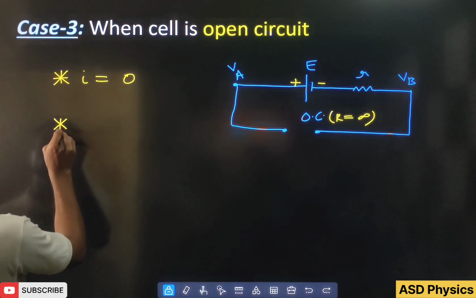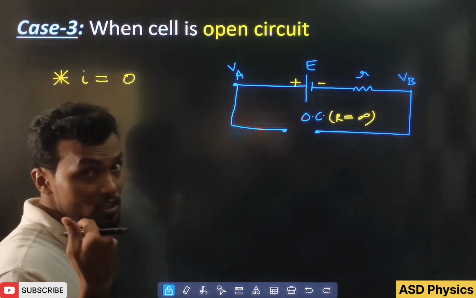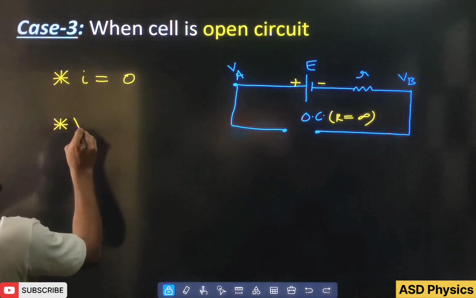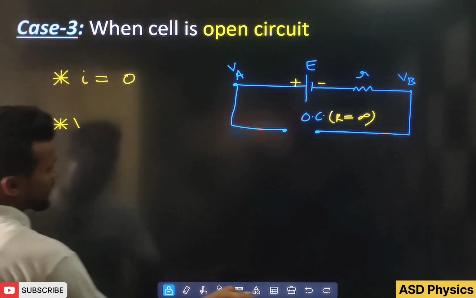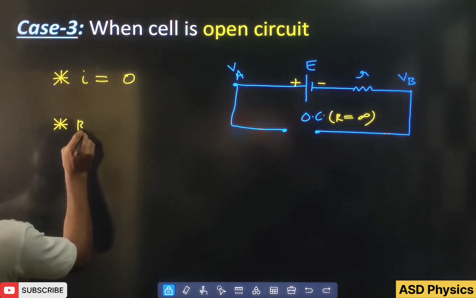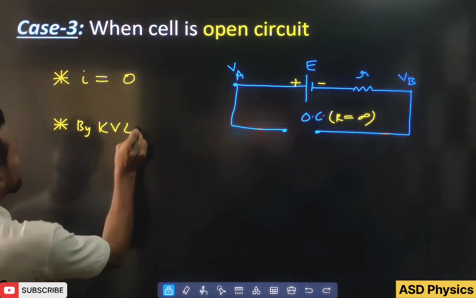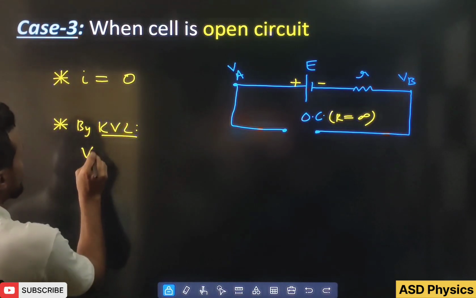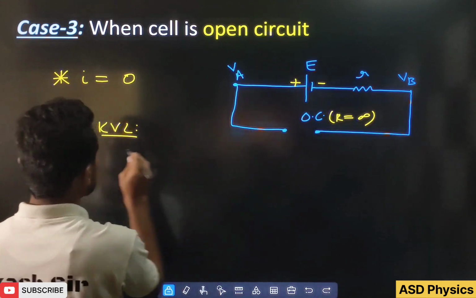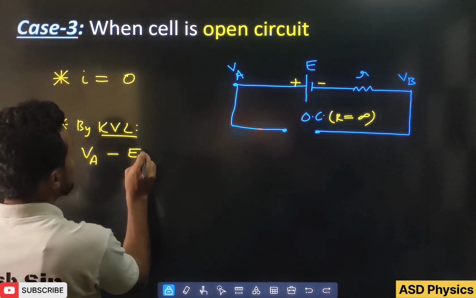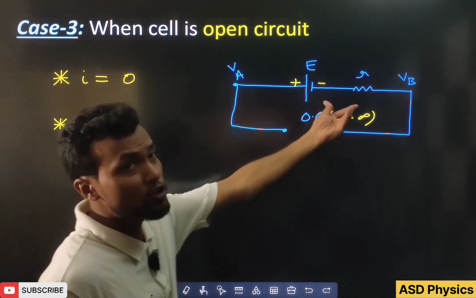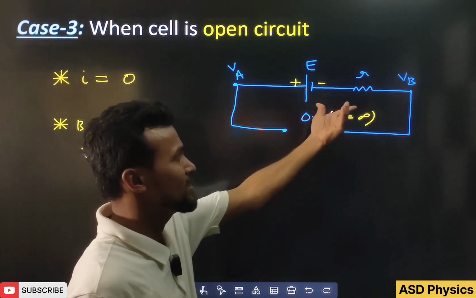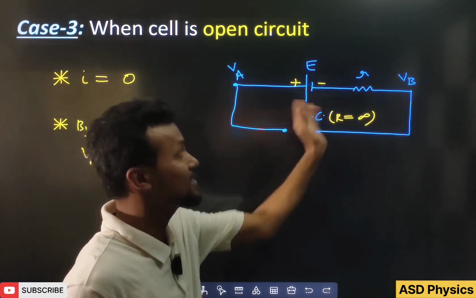After that, if I write the terminal potential difference or terminal voltage, I am going to use the KVL. By KVL, I start from the point as I have told you. So VA, second sign minus E, and there is no drop here; we can't even write a plus or minus sign because the current itself is not flowing.